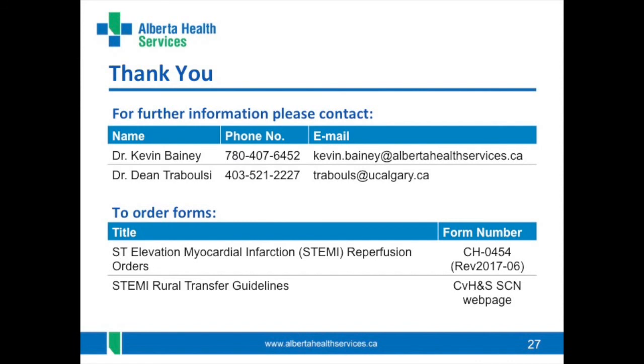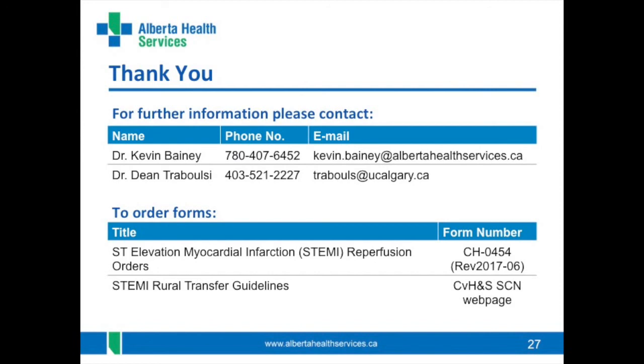Again, the mission of this order set is really to try and standardize care across this province, which we know will improve patient outcome. We've really tried to align this with best available evidence.